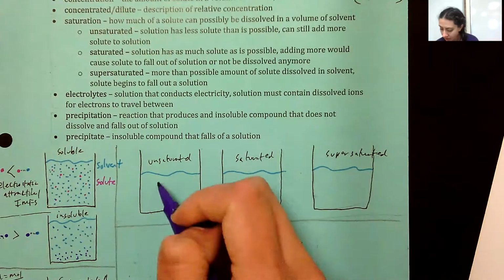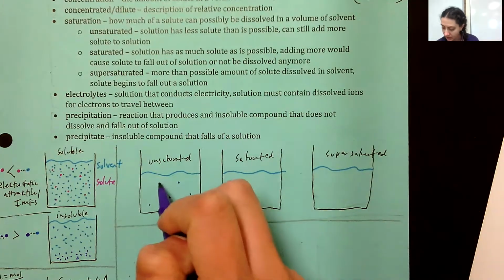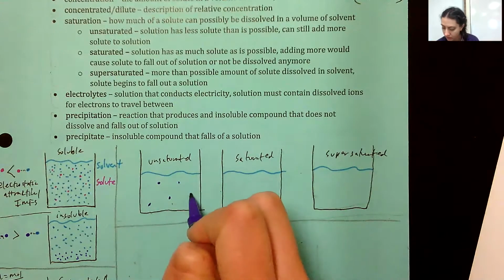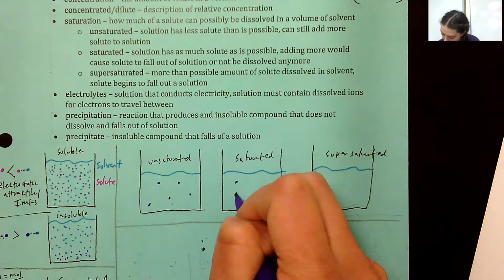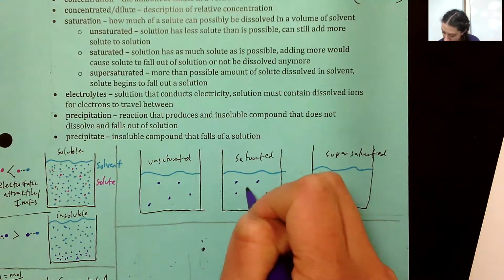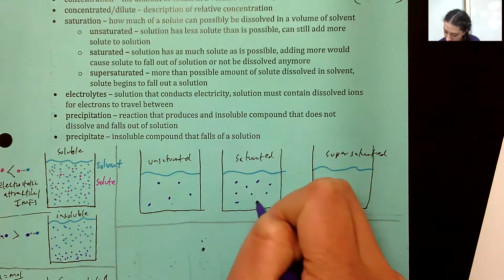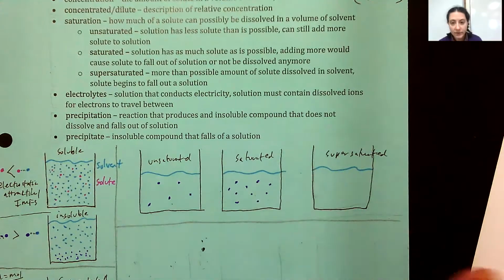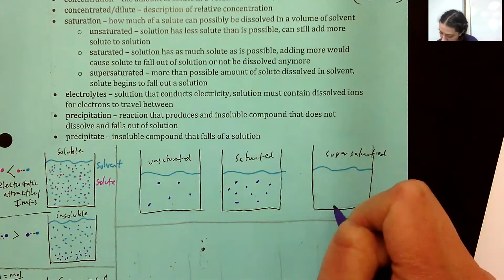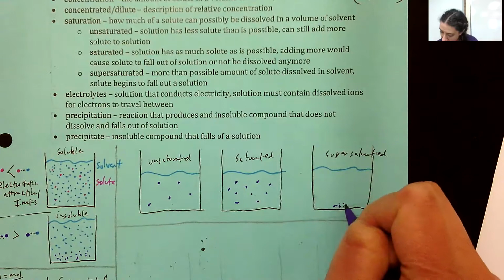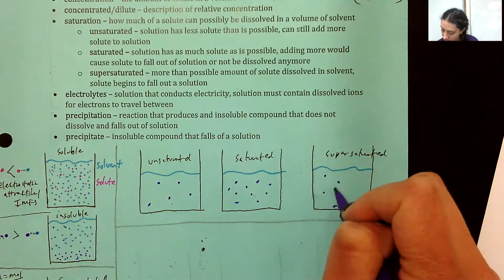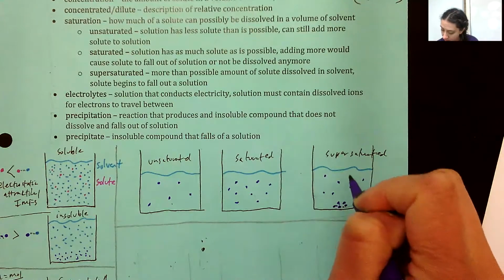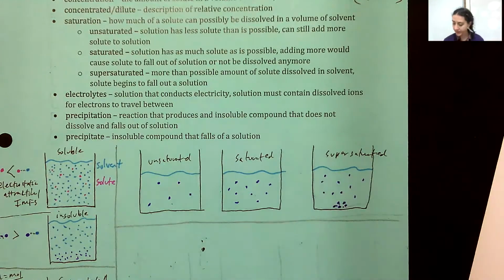So an unsaturated solution has a fairly low concentration. A saturated solution, everything is still dissolved, and at a supersaturated solution, not everything can dissolve. Okay, so that's the kind of idea behind that.